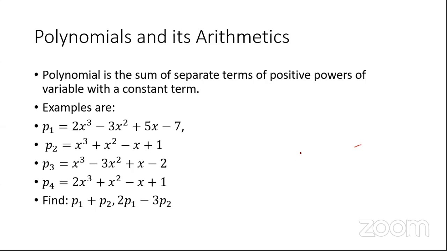So when you look at this definition, it means that our quadratic equation or quadratic expression is also a polynomial. So anytime we have separate terms of positive powers of variables, that is what we mean by polynomials.